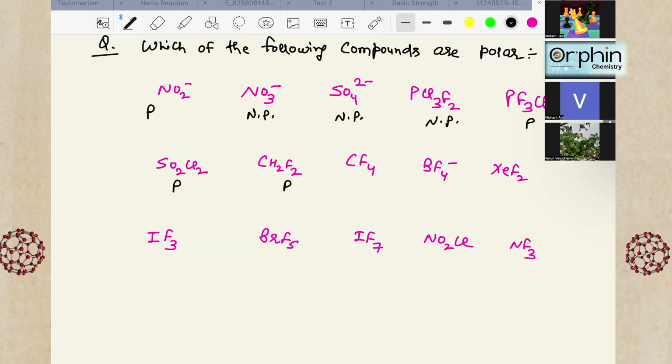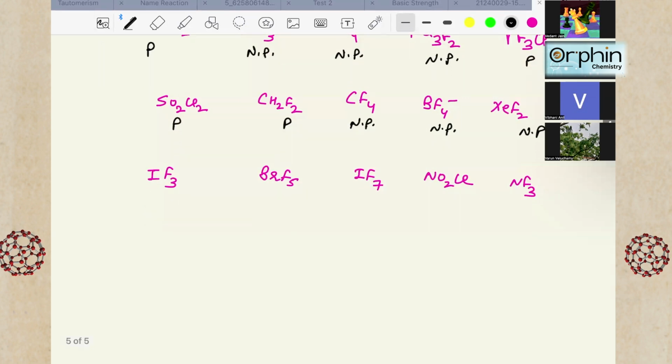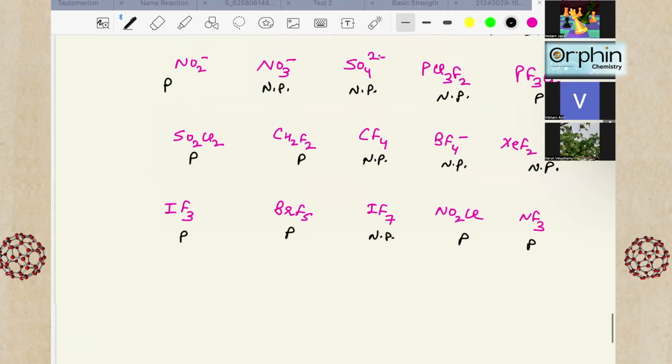Eighth, non-polar. Ninth, non-polar. 10th, non-polar. 11th, polar. 12th, polar. 13th, non-polar. 14th, polar. 15th, polar. So who got all correct?